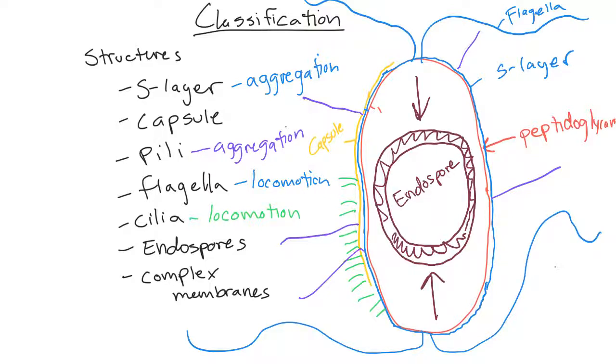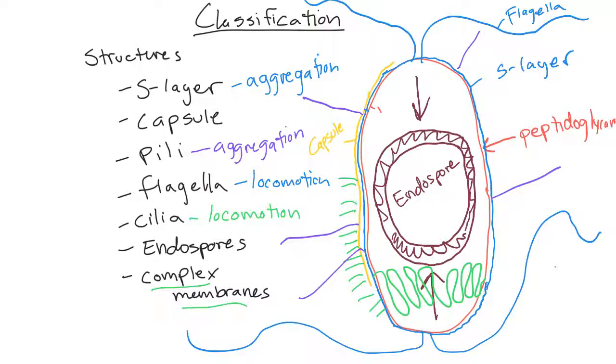All right, and then they may also have various complex membranes. Okay, so this plasma membrane may fold over inside of itself and create a photosynthetic membrane. So in a cyanobacteria, it's going to have a structure similar to a chloroplast.